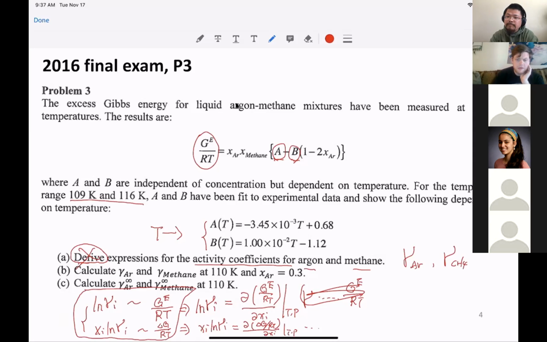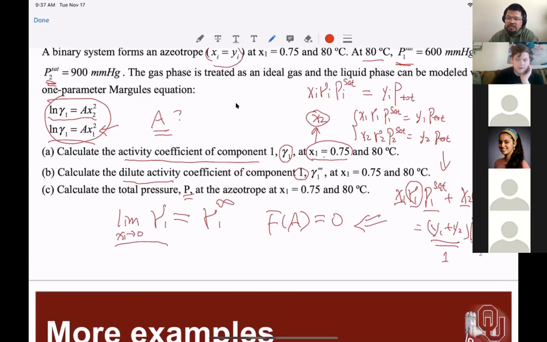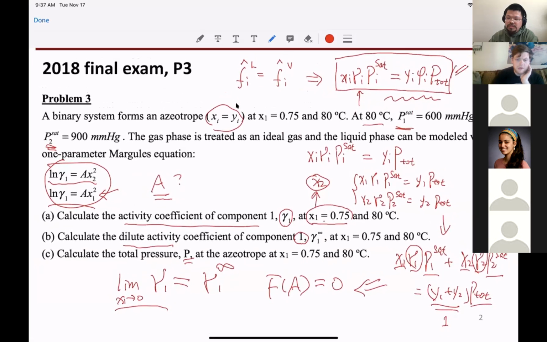All right. So coming back, if you look at the previous problems, nothing special. We are always looking at the understanding of this equation. This is a very important one of the universal equations in thermodynamics.